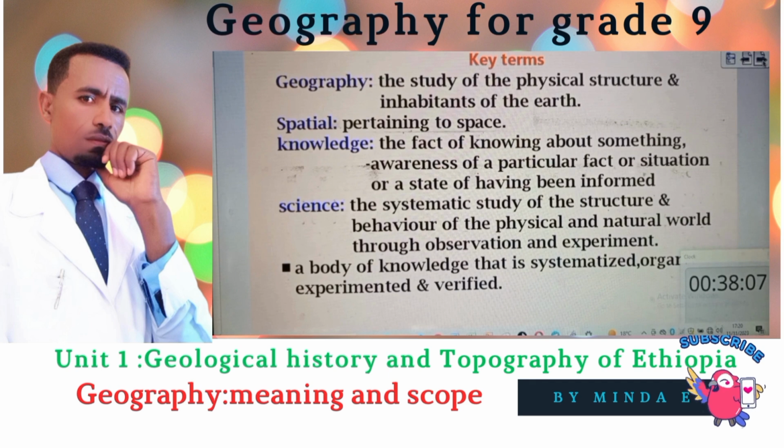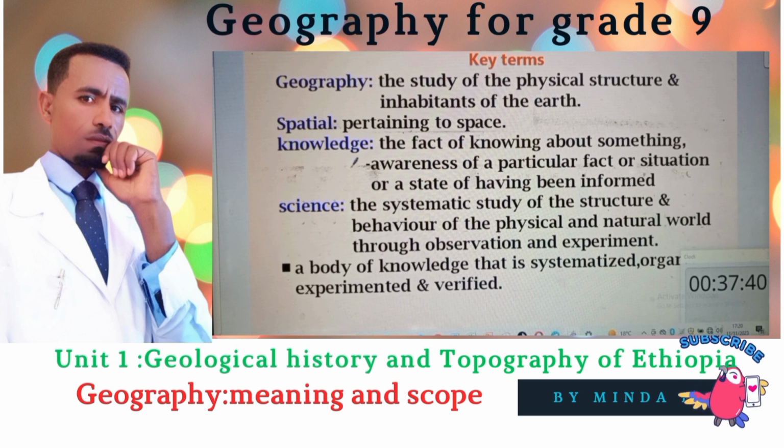Here we have key terms. Our key terms are geography, spatial, knowledge, and science. These are key terms for today's lesson. Geography is the study of physical structure and inhabitants of the earth. Spatial is pertaining to space.